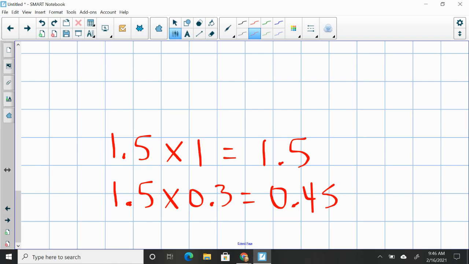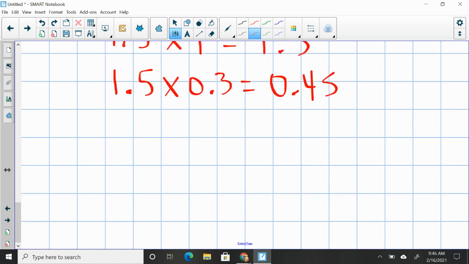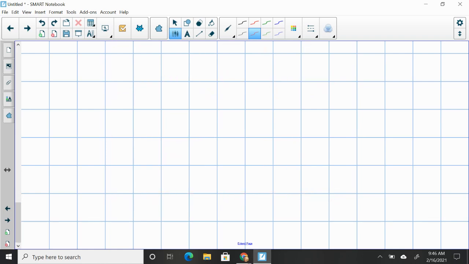Now, sometimes you will see on a test or a quiz something like this, where you have, let's say, 2.3 or 2 and 3/10.